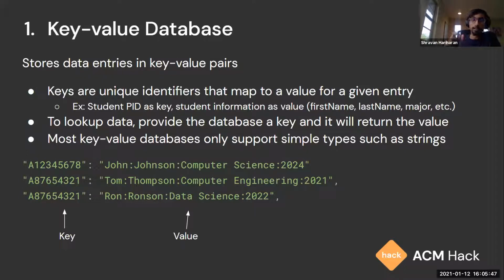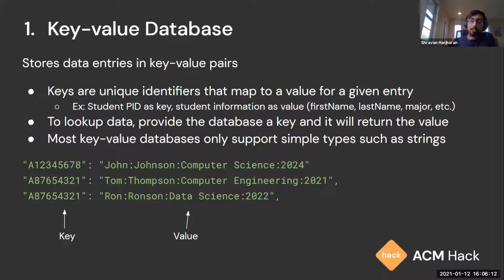Keys are unique identifiers for a piece of data, and those will map to a particular value for a given entry. In the example we have here, a key would be something like a student's PID if we're holding student data, and the value would be all the info we want about the student. In this example, we hold first names, last names, majors, and graduation dates.